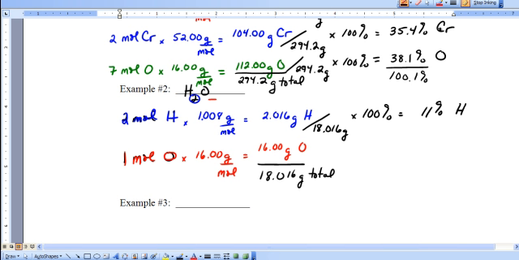Do the same thing with oxygen now. The 16 grams of oxygen divided by 18.016 grams times 100%, and that's going to be 89% oxygen. So the vast majority of water is oxygen.